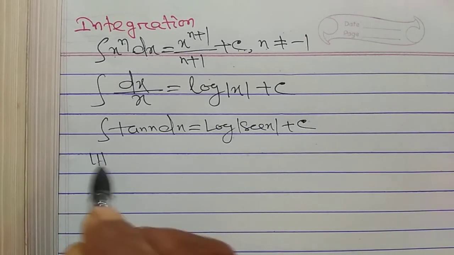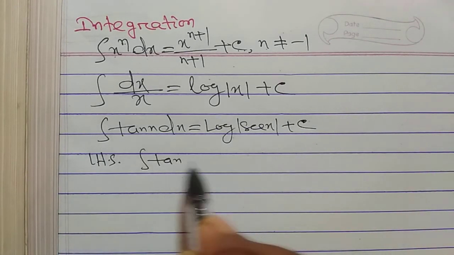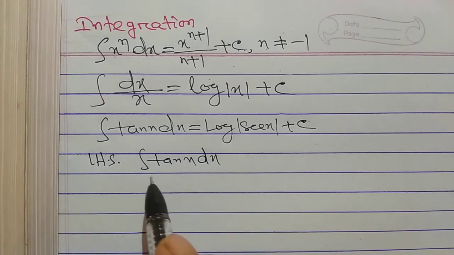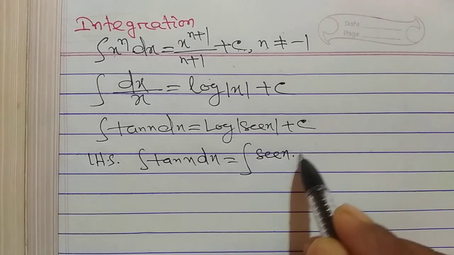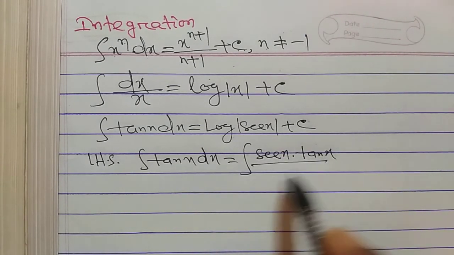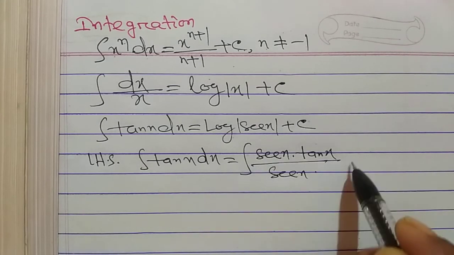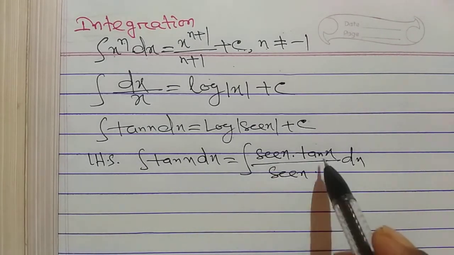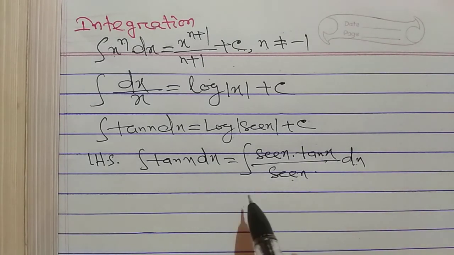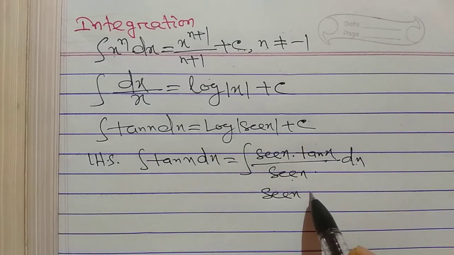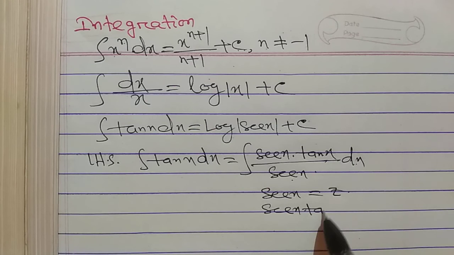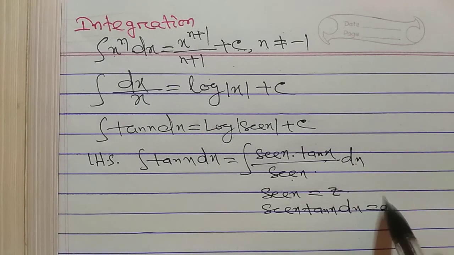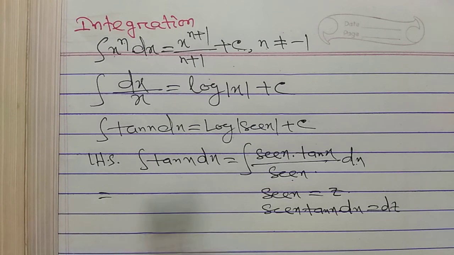Now the left hand side, integration of tan x dx, is equal to integration of multiplying sec x into tan x and also dividing by sec x, that is sec x into tan x by sec x dx. Now let sec x be equal to z, then sec x into tan x into dx is equal to dz, and sec x is equal to z.